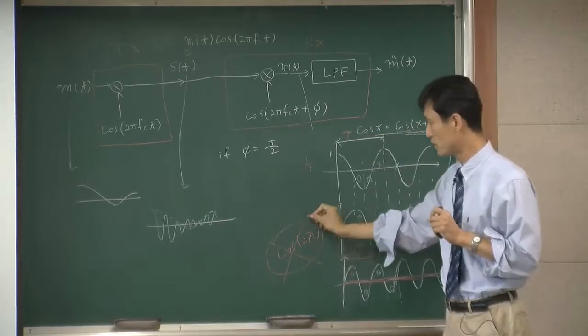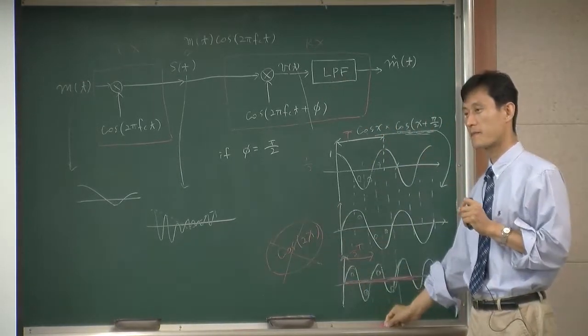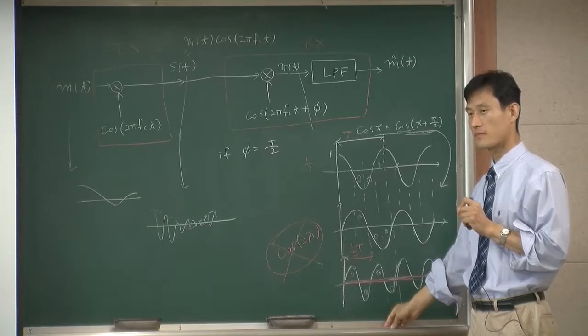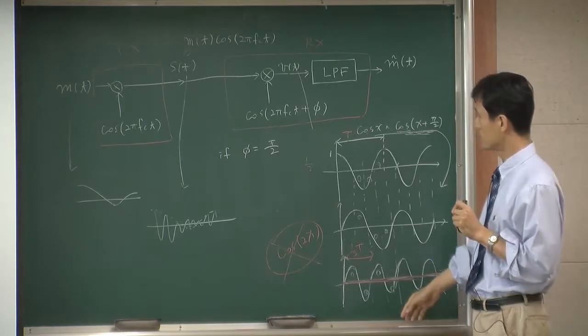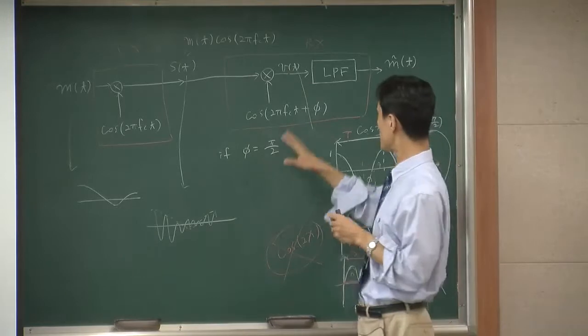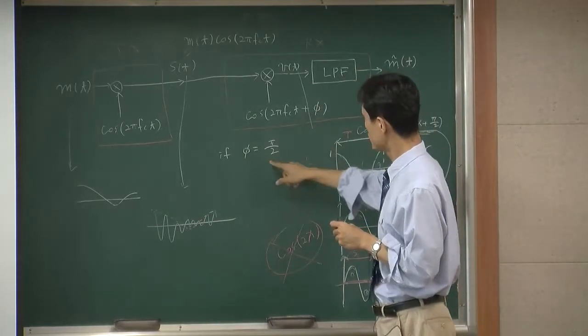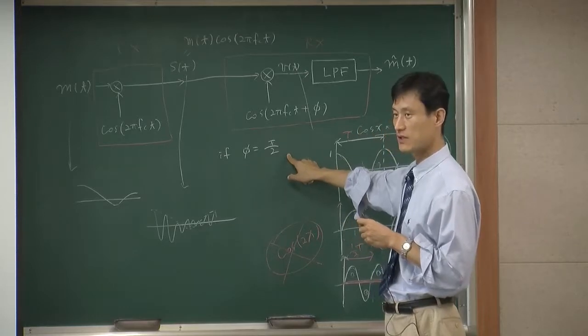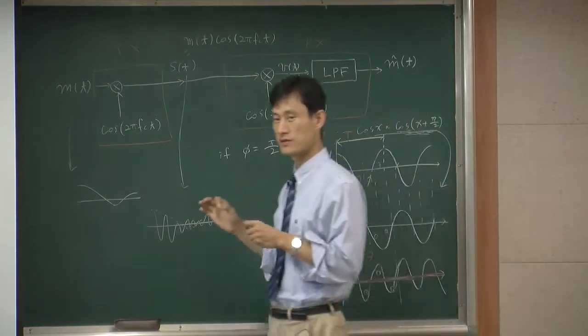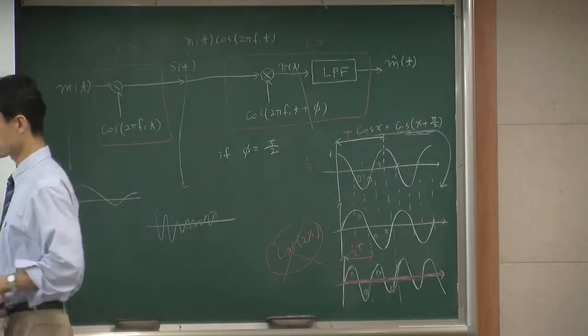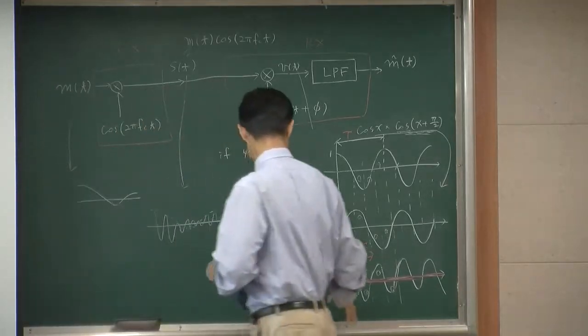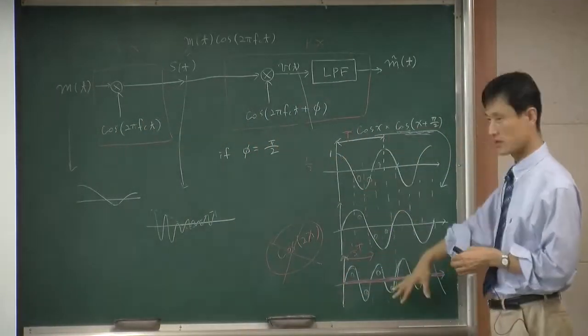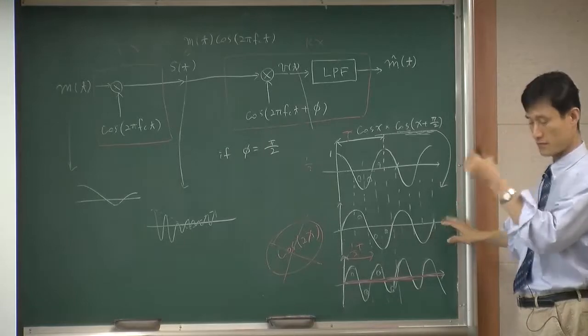So this component will be removed. So this is why, when the phase mismatch is 90 degrees, you get 0 value, 0 output. You can see all of those things in this diagram.